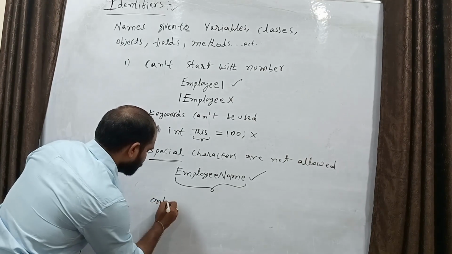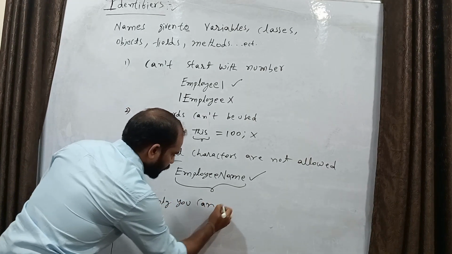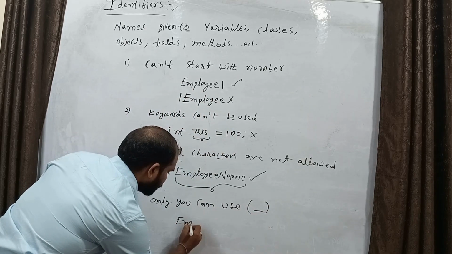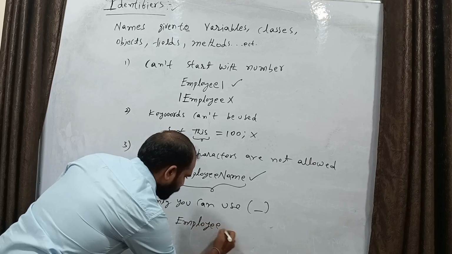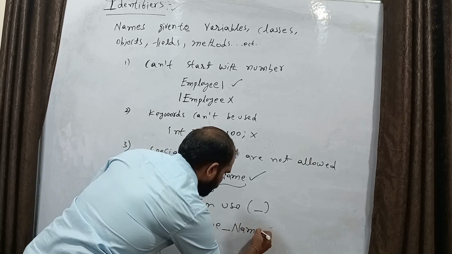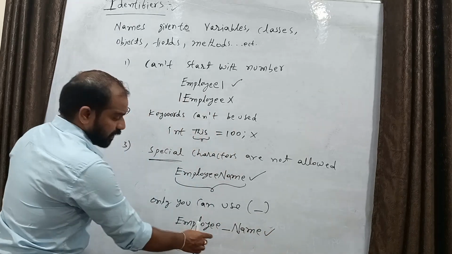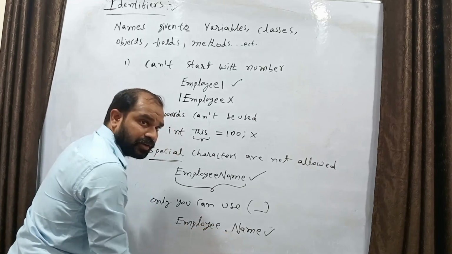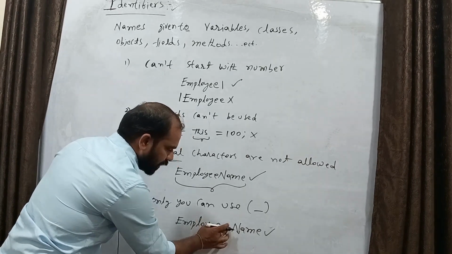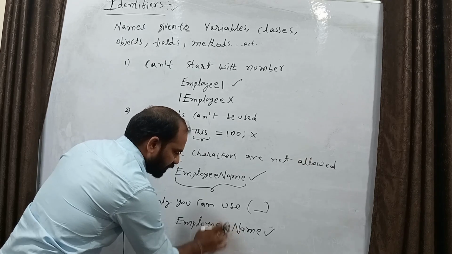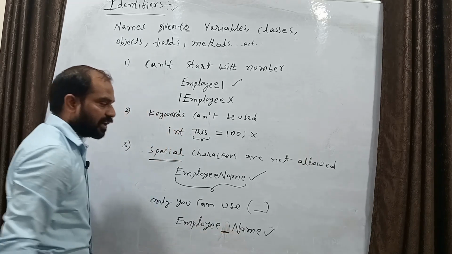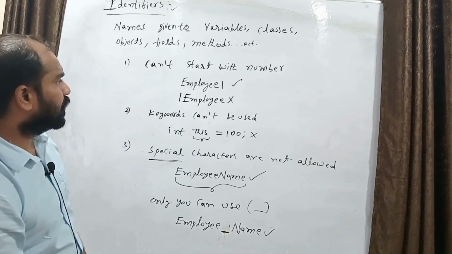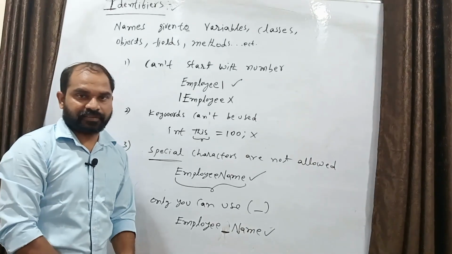Only underscore, right? Now you can separate these two words with an underscore if you want. This is the correct way. But instead of this underscore, you cannot use a space, dot, comma, at the rate, or hash, right? No other special character is allowed in the identifier name. These are the things you need to follow when creating identifiers.